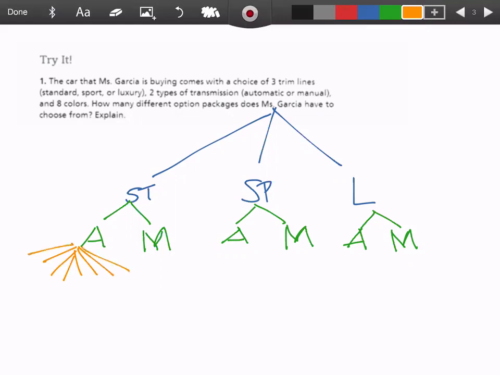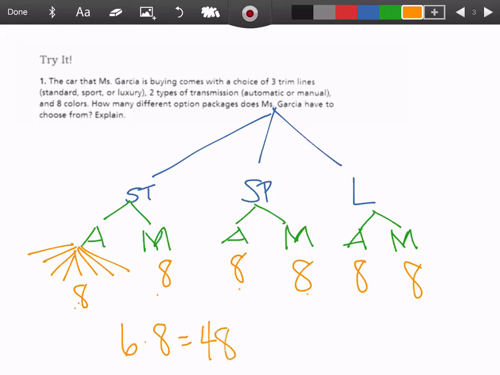So there's 8 here. There's 8 colors for the manual. There's 8 colors for the automatic sport. 8 colors for the manual sport. 8 colors for the automatic luxury, and 8 colors for the manual luxury car. So if we count up how many 8s we have 1, 2, 3, 4, 5, 6. So that's 6 times 8, which gives us 48.